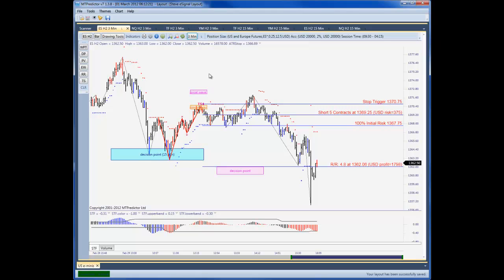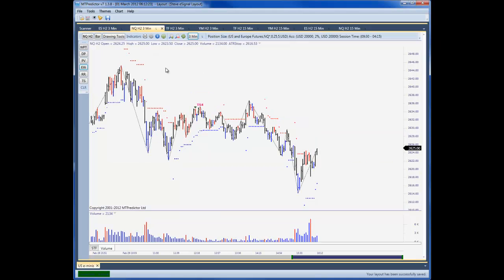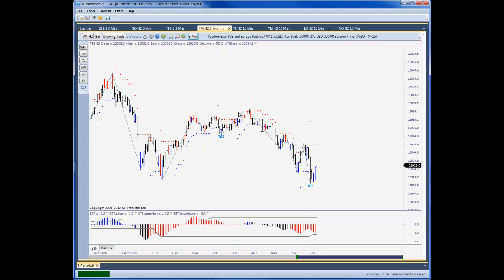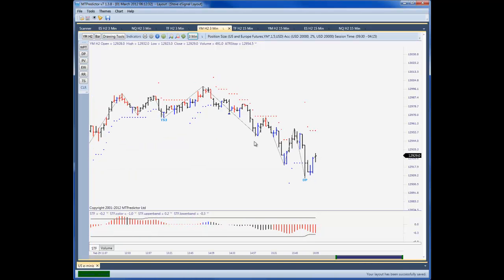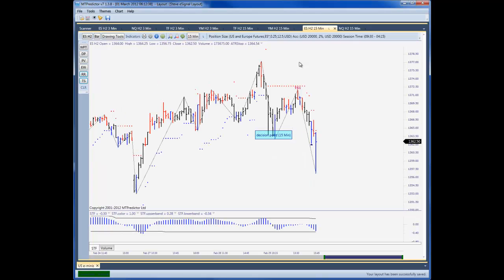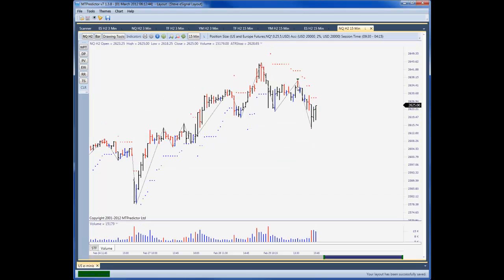But the markets I particularly want to look at are the NQ and the YM on the 3-minute charts, particularly coming into these highs of the day, or not the highs of the day, these corrective highs here. Because if you remember, on the ES chart we had a TS1 sell setup coming in on the 15-minute time frame, as well as a sell setup coming on the NQ on the 15-minute time frame.